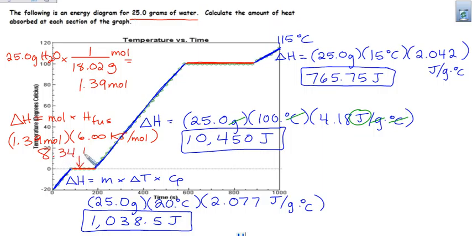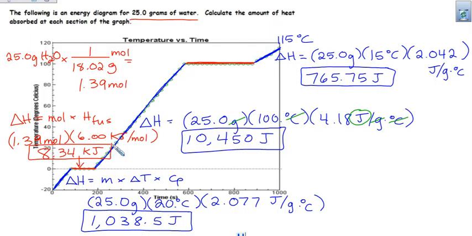And now this one's in units of kilojoules. I know it's kind of annoying that the constants are in different units. We'll deal with it. But that one's got kilojoules. The specific heat is in joules. I'll deal with it.